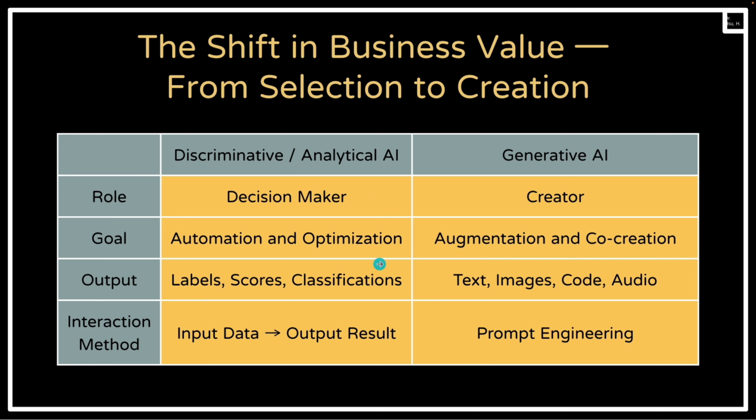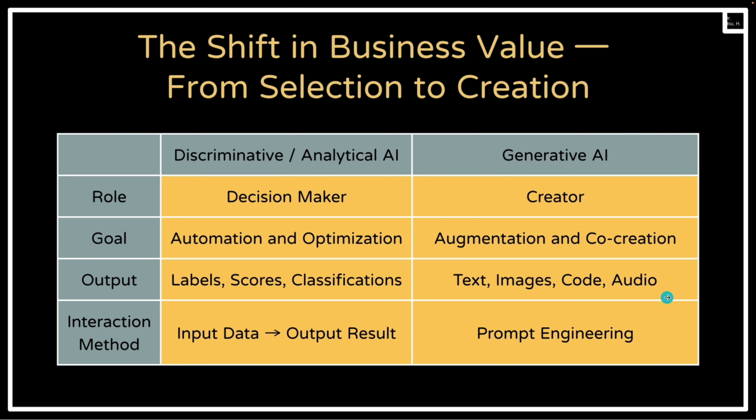Its output is labels, scores, and classifications. On the right, generative AI is presented as a creator. Its role is augmentation and co-creation. Its output includes text, images, code, audio, and more.